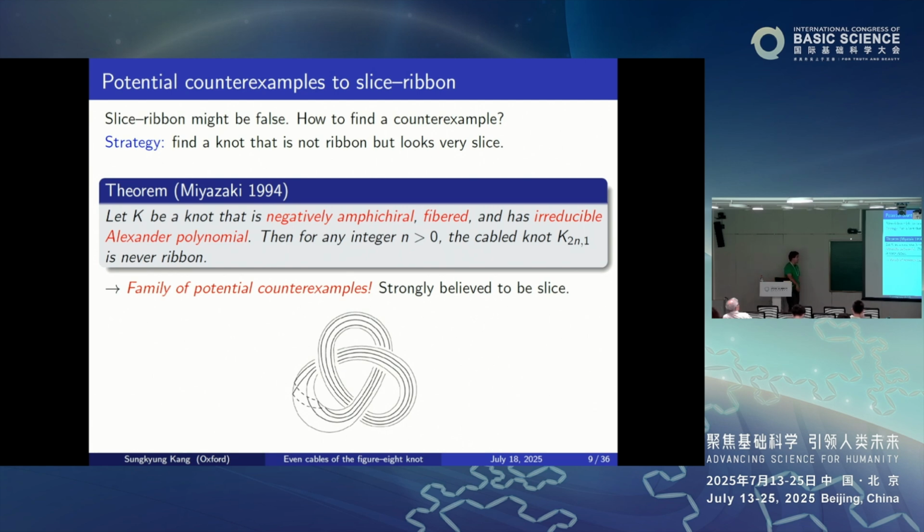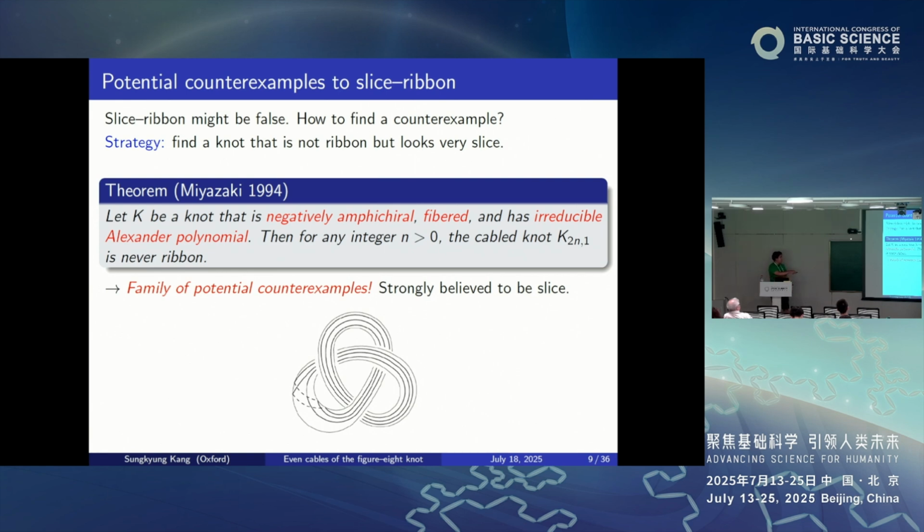So this is not a mathematical statement, because what does it even mean for something to look like slice? But a very vague way of explaining why is that if your knot is negatively amphichiral, its concordance inverse is its mirror image. So if you take the connected sum of K with itself, a connected sum of an even number of copies, then it will be slice.